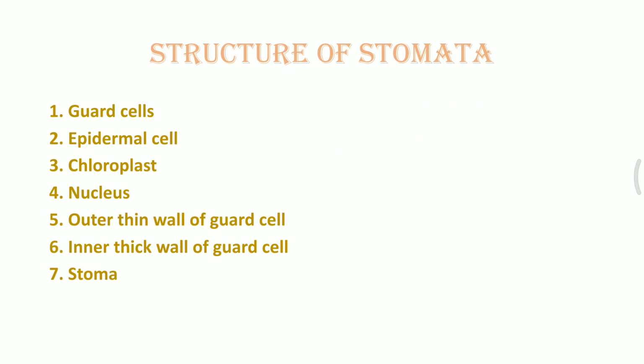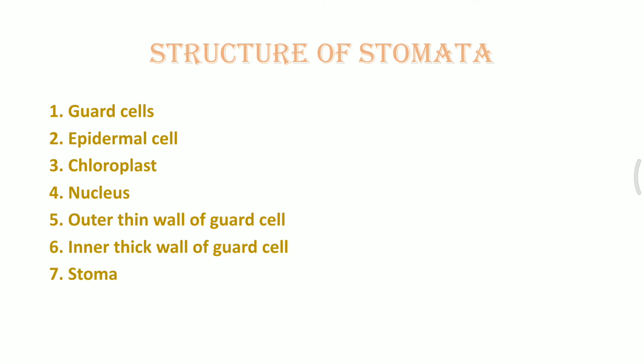Now, I want you all to learn this. You have to draw the structure of stomata and label seven parts. And all these 1 to 7 parts are already mentioned over here. You have to draw the structure of the guard cells first, then you have to draw the epidermal cells. You have to mark the presence of chloroplasts. Where are the chloroplasts present? They are present on the guard cells as well as on the epidermal cells.